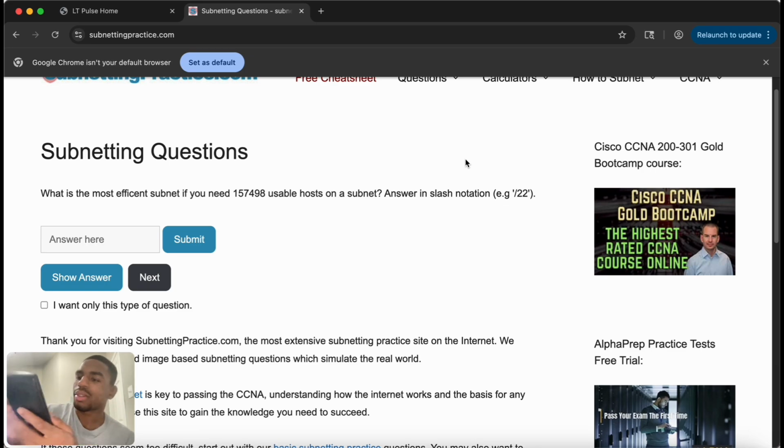So since I have this calculator, I can just kind of play around and see what works. Let's start with 10 host bits, which will put us at a /22. We're going to go 2 to the power of 10 minus 2. That is nowhere near the amount of hosts we need.